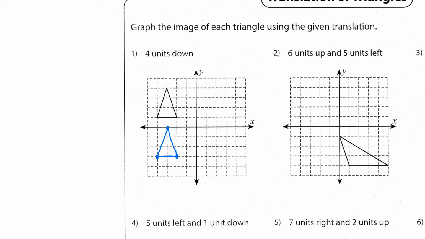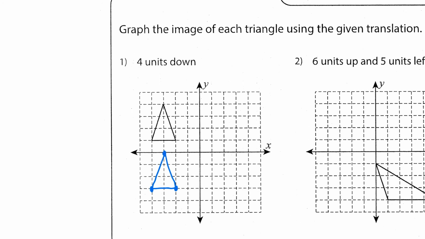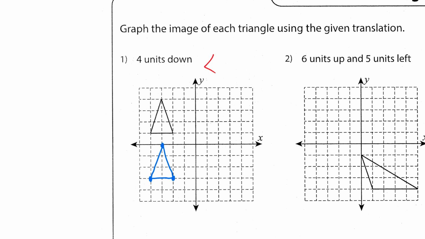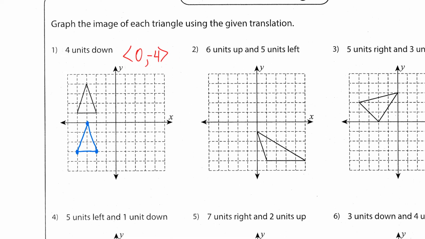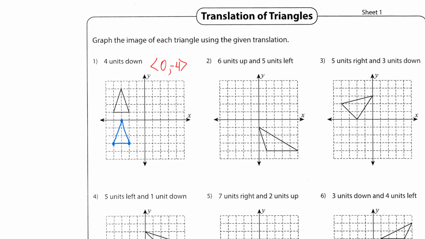Now, one thing I want you to add on here that it doesn't ask about is I want you to write what the vector would be. So if it's just down 4 units, what would it be? It would be 0, negative 4, right? Because 4 units down, there's no left-right movement. It's just straight down 4 units. These kind of get flipped a little bit, but 6 units up, 5 units left. What would that be?